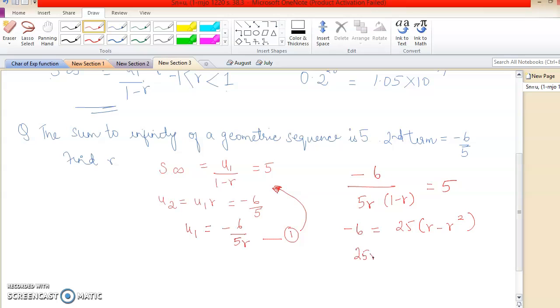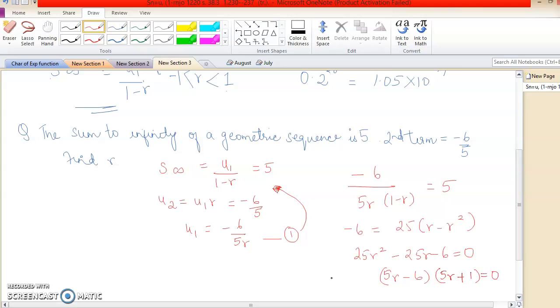So it is 25r square minus 25r minus 6 is equal to 0. Now once you've got this, we'll go ahead and factorize it. And when we factorize this, it is going to be 5r minus 6, and the other term is 5r plus 1, is equal to 0.